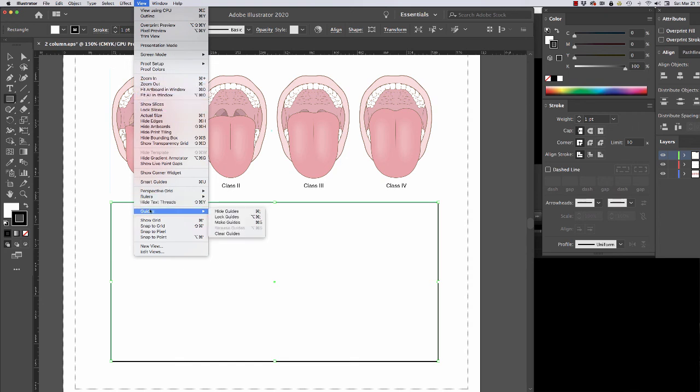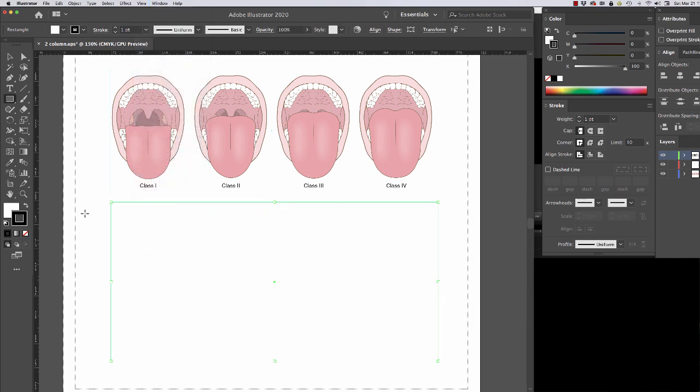go down to Guides, and say Make Guides, or as you can see over here on the right, the keyboard shortcut for that is just Command 5 or Control 5 on Windows. And that turns it into that little turquoise box or guide. That is not going to print.